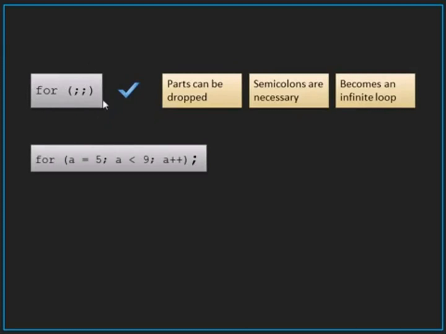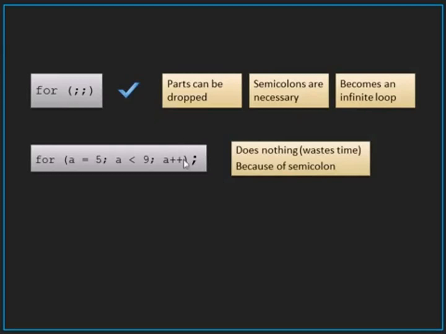Now a common error, or what we would say a misunderstanding. If we write a for loop without any initialization, condition or increment, and sometimes we put a semicolon after the loop, what it does is nothing. It does nothing but waste time.